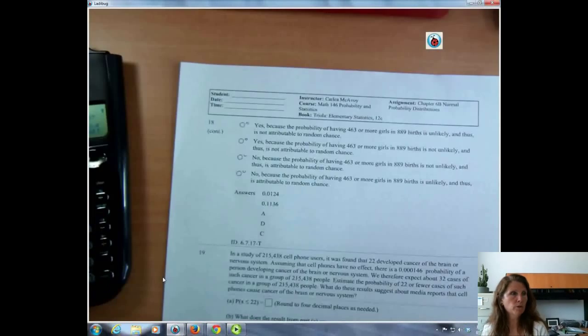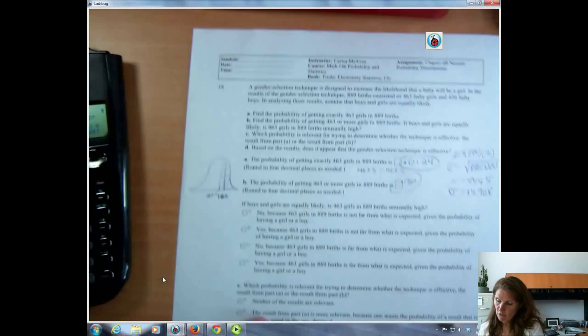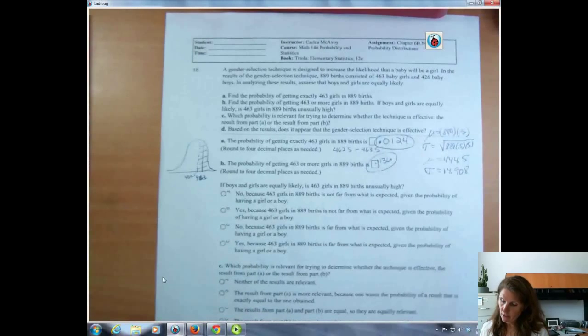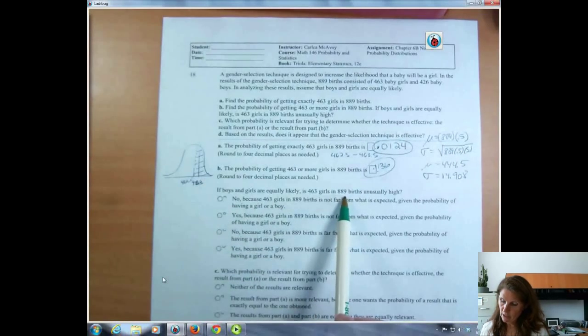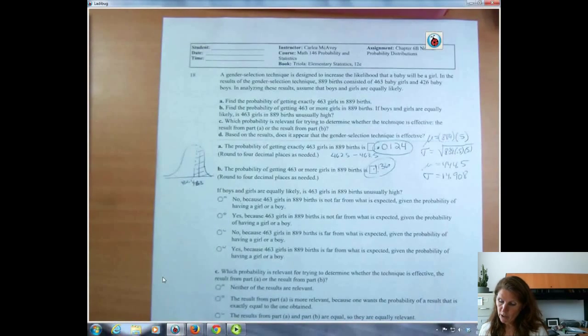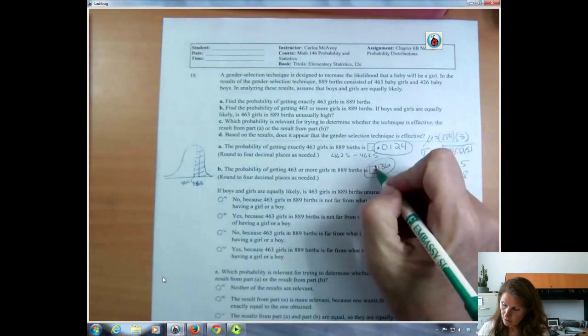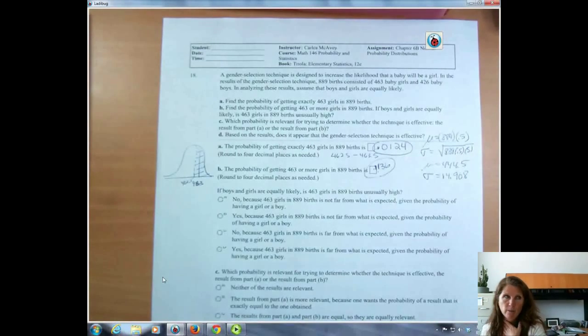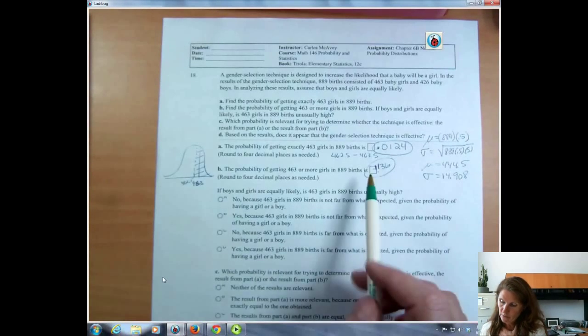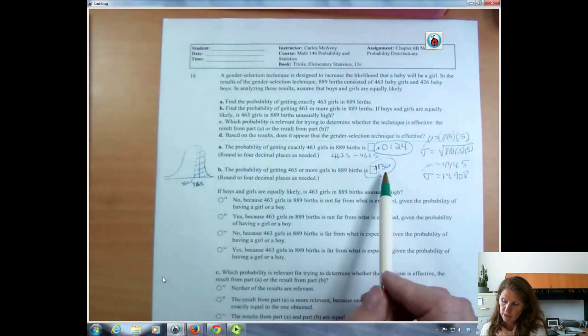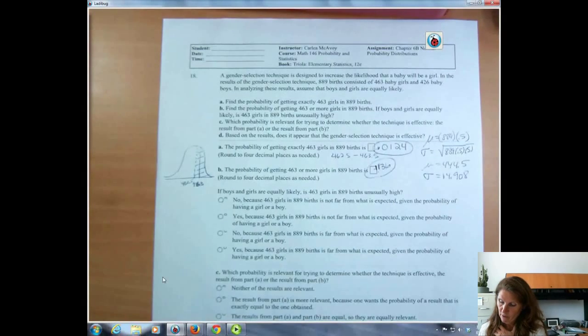And they had 0.1136. Well, that's good. If boys and girls are equally likely, is 463 girls in 889 births unusually high? So unusual is what you get when you have a probability that's less than 5%, but we have 11.36%, which means it could definitely happen by chance.